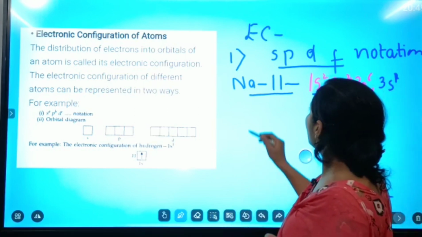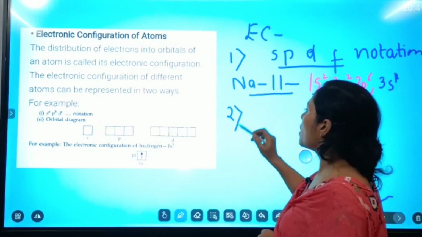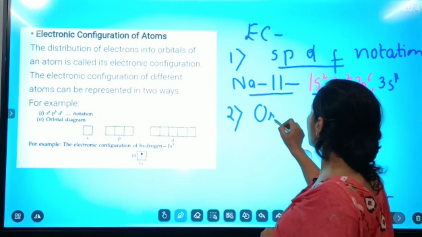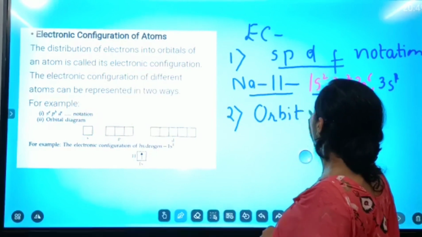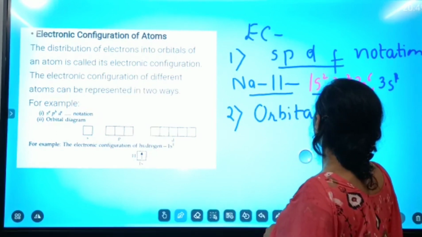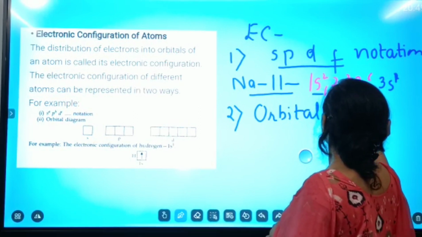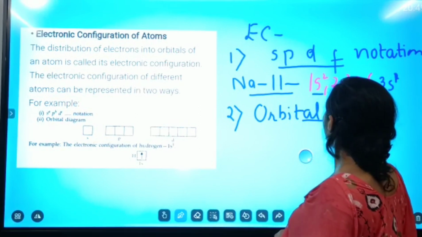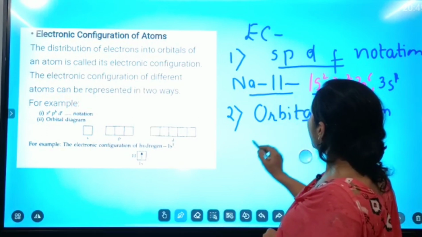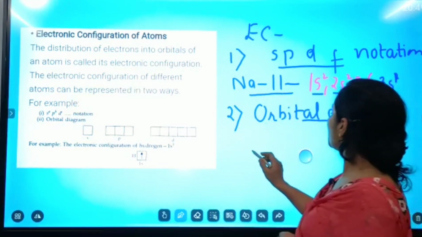And the second form of electronic configuration is with the help of an orbital diagram. Let's see how we are filling it. We are taking the case of sodium only.